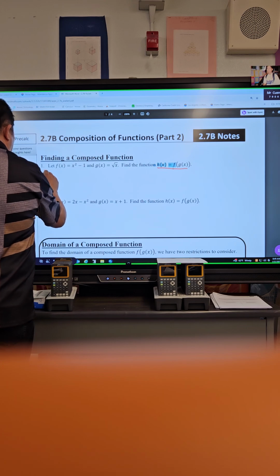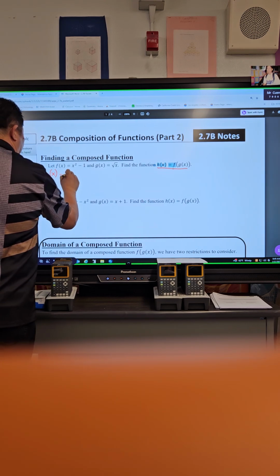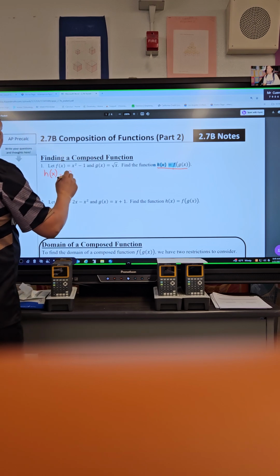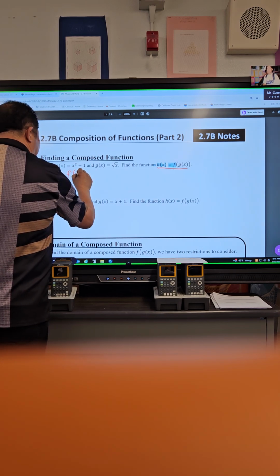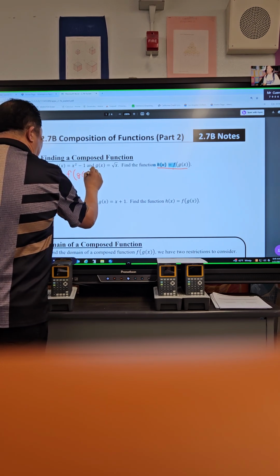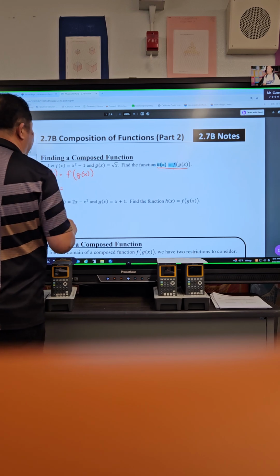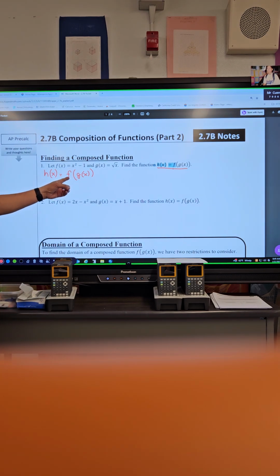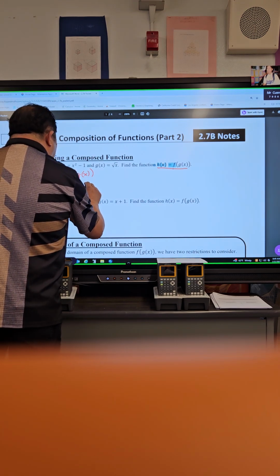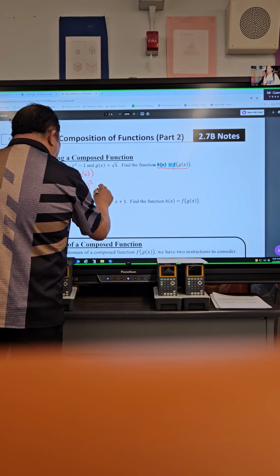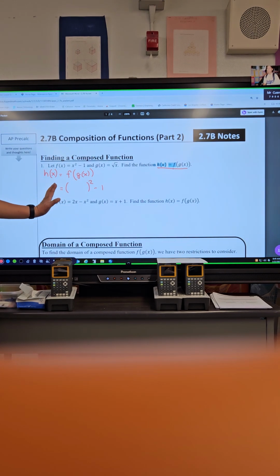So we have h of x is equal to f of g of x, which implies that the f function is outside, which is x squared minus 1, so you put this squared minus 1. Okay, that is the first step here, guys.